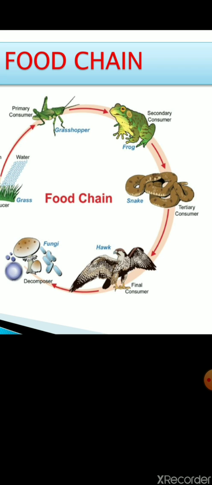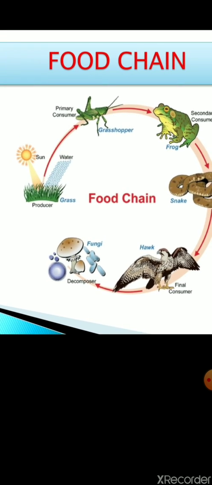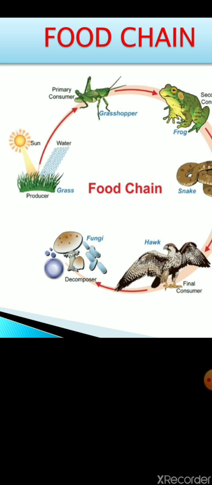Nobody is eating it directly, but when this final consumer is dying, what will happen? Its body will be decomposed or broken down into small pieces by fungi and small microorganisms. Understood? So the whole cycle, when something is being eaten by another thing, and the energy from sunlight to the plant, then to all the consumers, is moving and again going back into the soil.